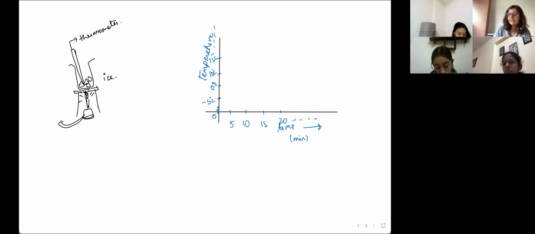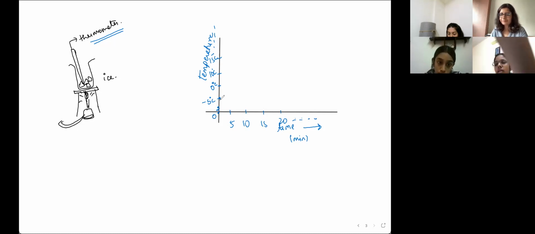Then when we start heating it, ये temperature क्या होगा? Will it remain constant? Will it increase? How is this going to change? 0 minutes से 5 minutes तक, what is going to happen to the temperature? How will this change? It will increase.